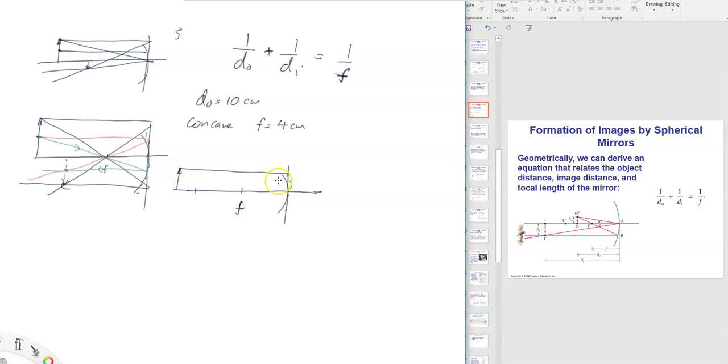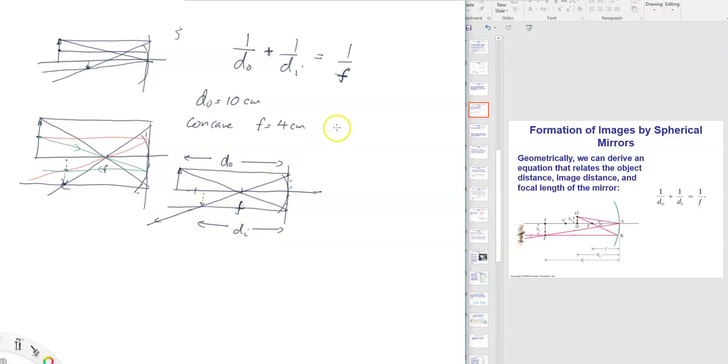It comes in and goes through F. Once that comes through F, it goes like this, so it's going to make an image like this. Now this is your dO, this is your dI. Graphically, if you draw this to scale, you can calculate this.